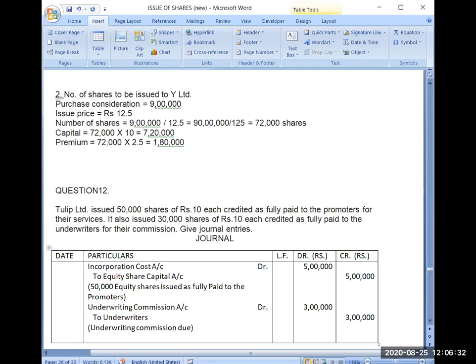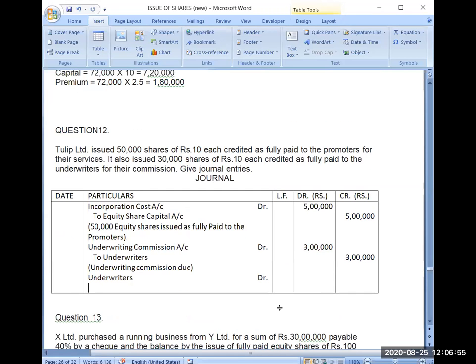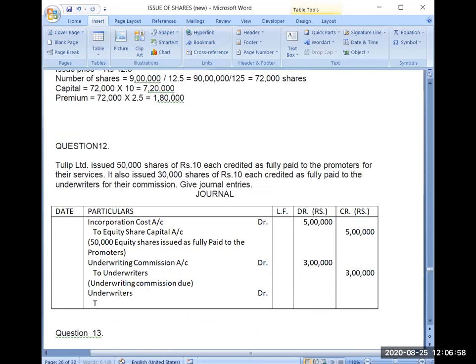Then now I will be issuing them shares. Underwriters account debit, to equity share capital account.